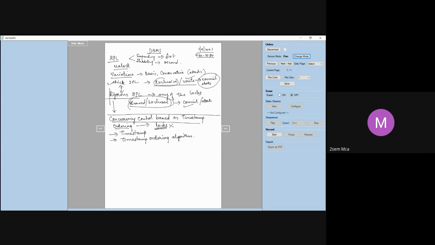This is the next set of techniques, wherein concurrency control is implemented based on timestamps. We are not going to use the concept of locks here. So concurrency control can be implemented using locks, and it can be implemented using timestamps also, right? So let us move ahead.